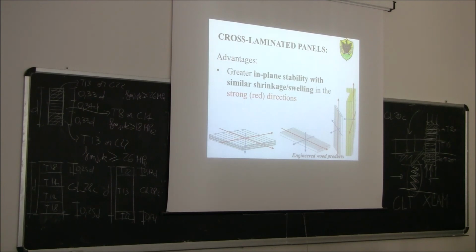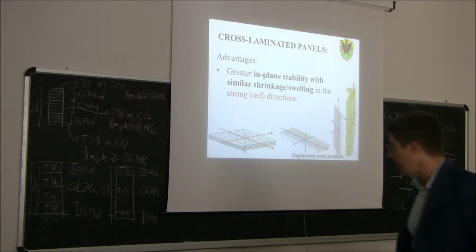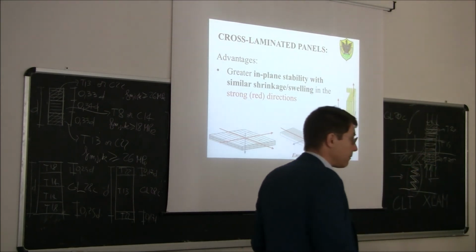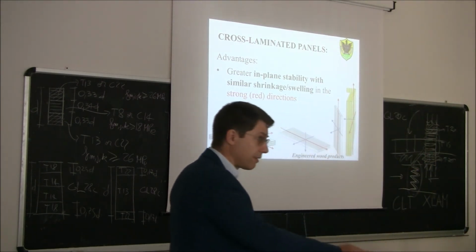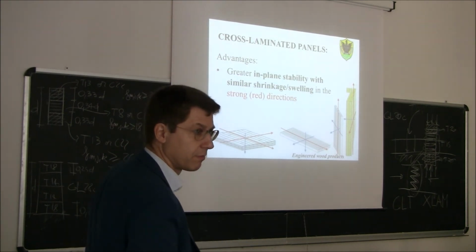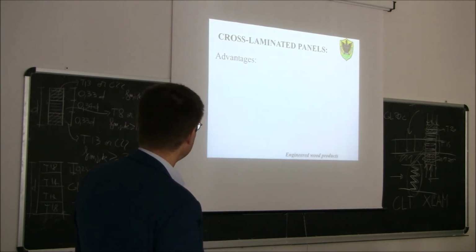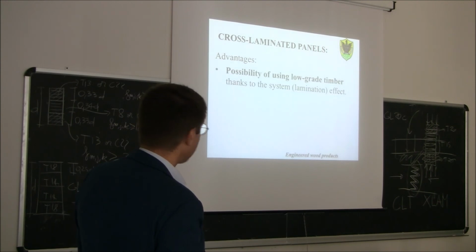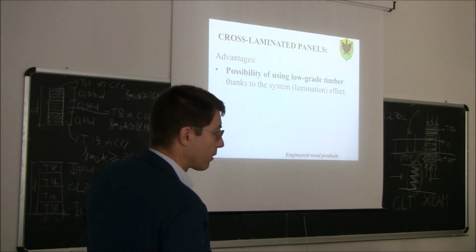So in the end, also in the other direction, the length will be more or less constant. So in the end, the cross-lam panel has better in-plane stability than the glue-lam, because at least in its plane, the cross-lam panel will basically keep the same size. Okay?